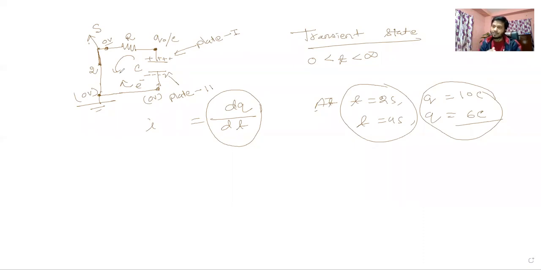So of course current will also be different at different times, right? So suppose this is the current at a particular time t. Okay, t can have any value which is greater than 0 and less than infinity. Fine. So we can write it as a function of t, because i will change with time.